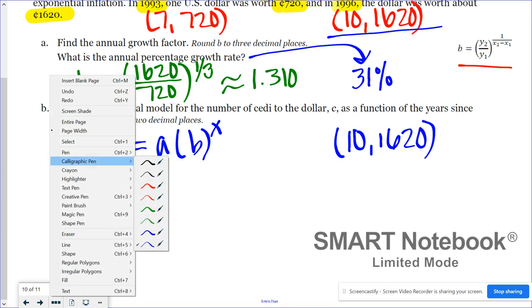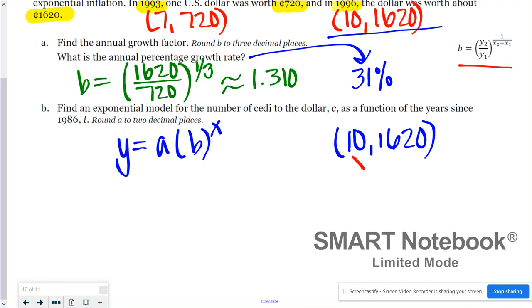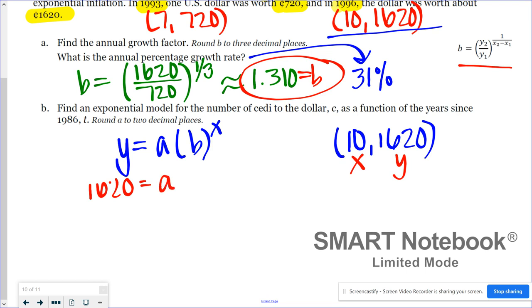So that's what I'm going to plug in for x and y. So x is 10, y is 1,620, and then of course b is 1.310. So I'm going to substitute all these things in. I know that y, like I said, is 1620. A is unknown. B is 1.310.